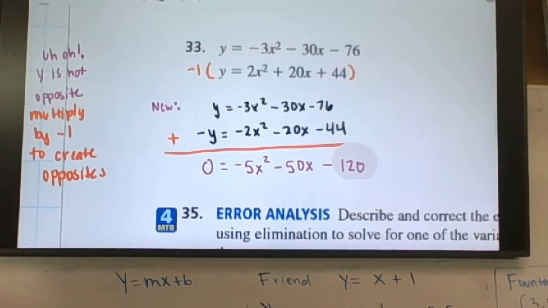This looks like a situation where we could reduce everything divided by 5. So let's not try to factor this just yet. If you can divide all parts by 5, do it. And actually, I'm going to divide both sides by -5.